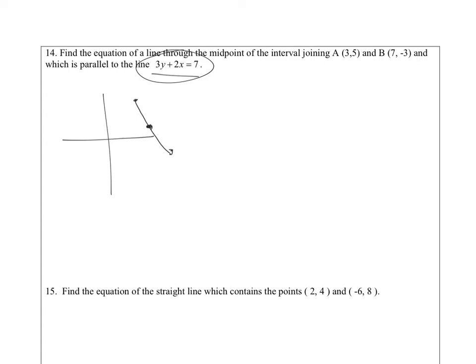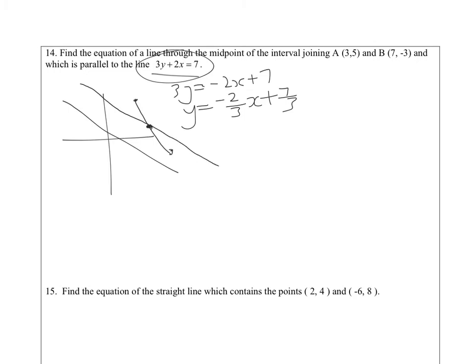So let's take away the 2x, so we get 3y equals minus 2x plus 7, and divide by 3, and we get y equals negative 2 on 3x plus 7 on 3. So basically that line looks something like this.